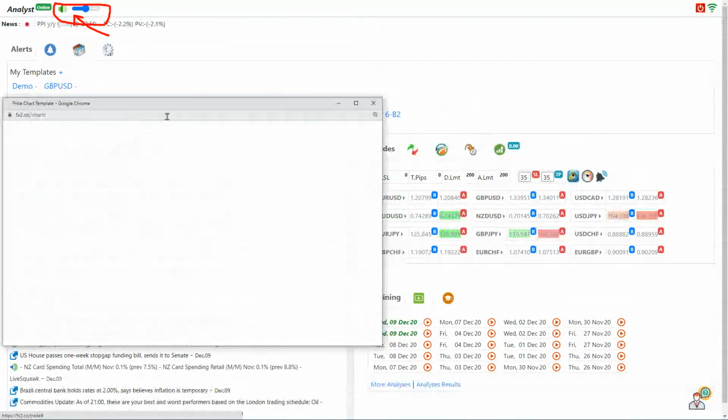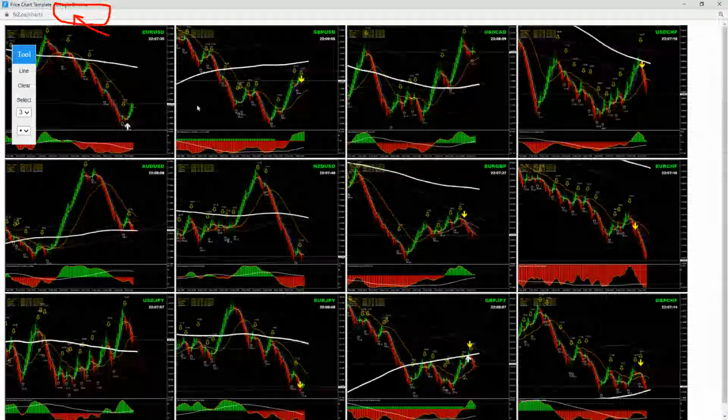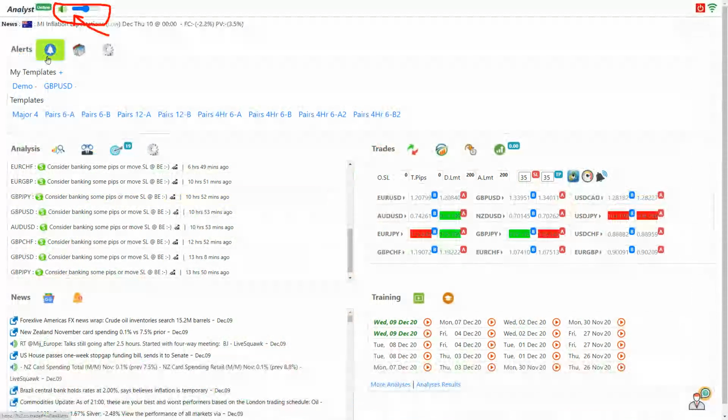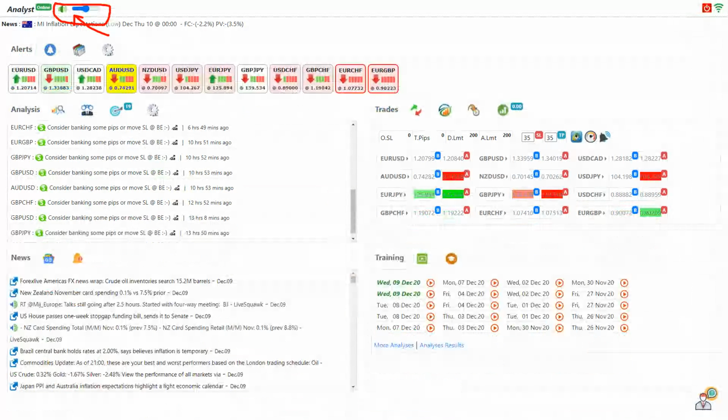You can see all the templates we're watching. So any opportunities that develop based on the current analysis, we broadcast that information instantly through live audio or in the analysis section.